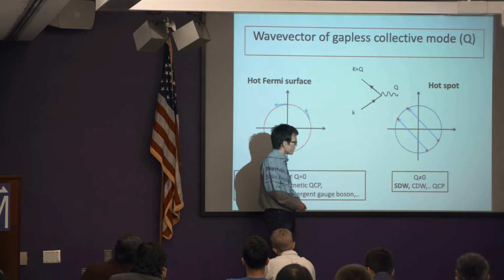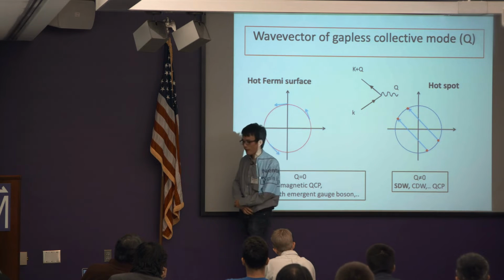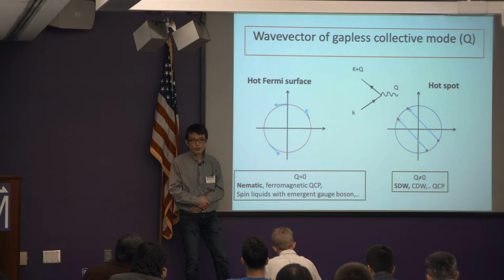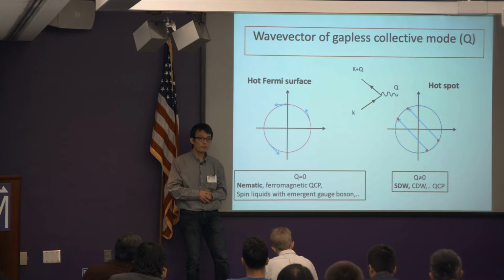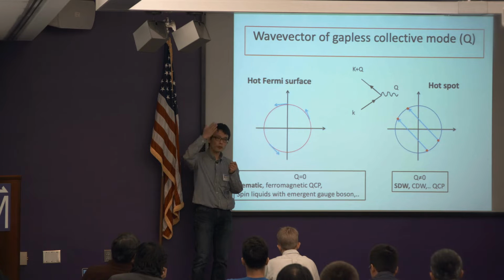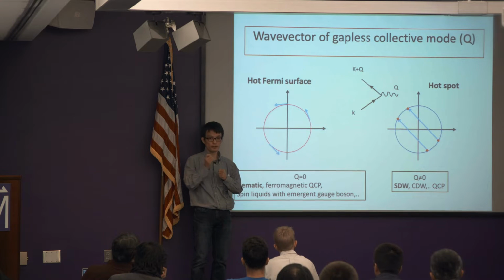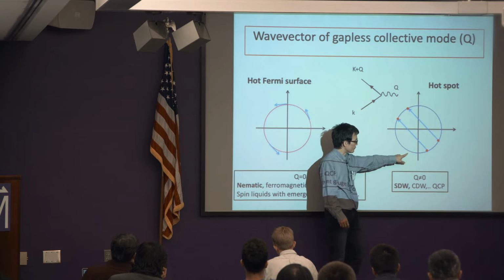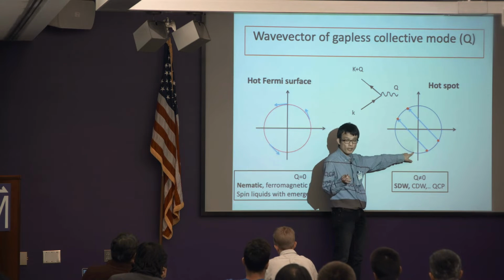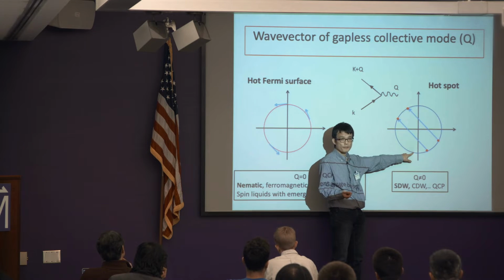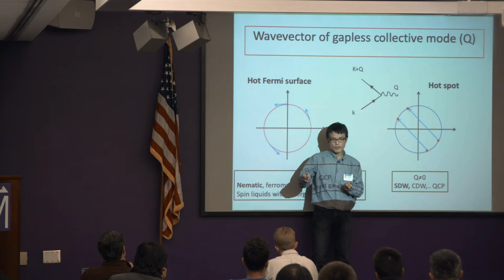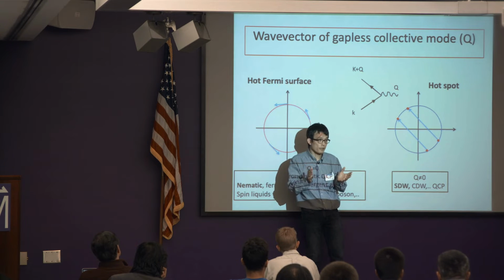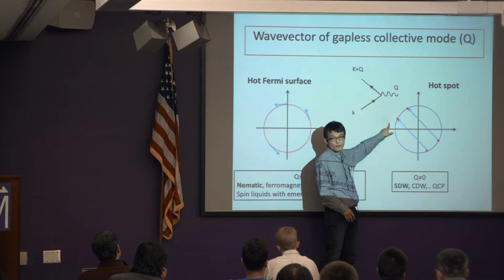On the other hand, if the collective mode carries finite non-zero momentum, like if you have some spin density wave transition at some pi momentum, then that is the momentum at which the collective mode becomes gapless at the critical point. And then if you are sitting somewhere at a generic point on the Fermi surface, then when that fermion absorbs or emits the gapless collective mode, generically it is scattered away from the Fermi surface.